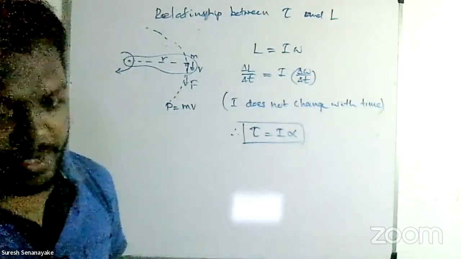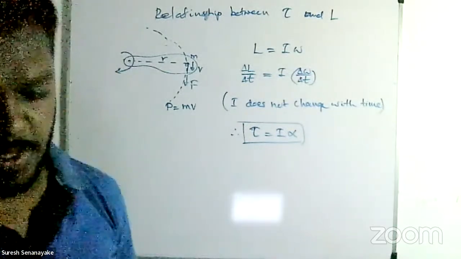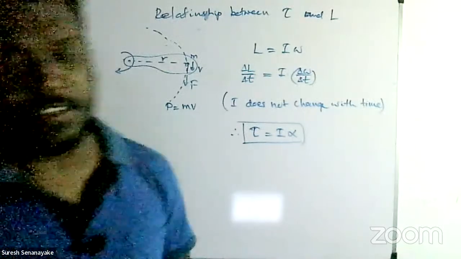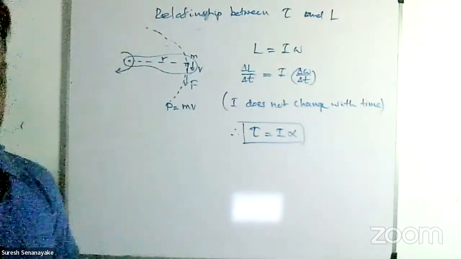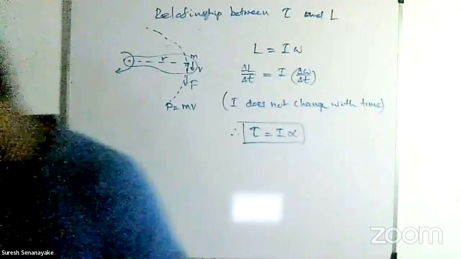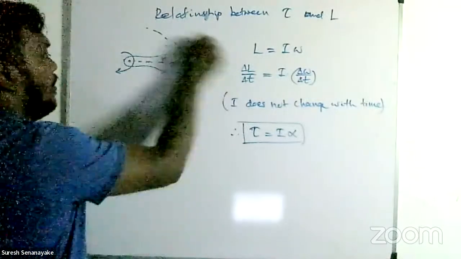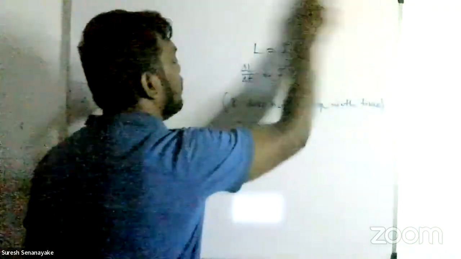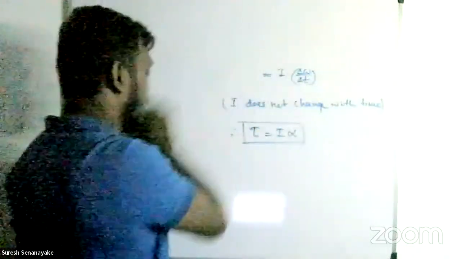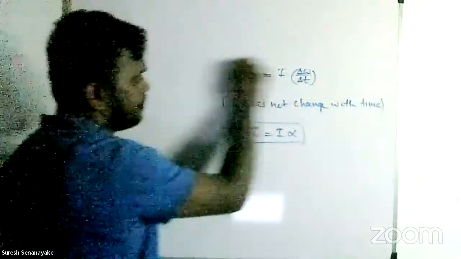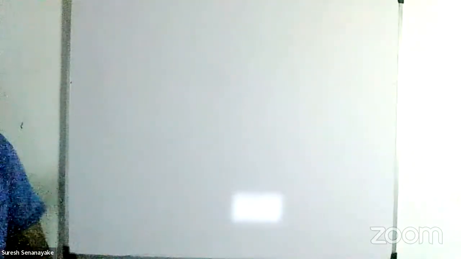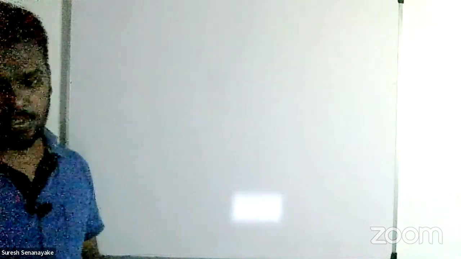The angular momentum of a rigid body due to translation and rotation both.